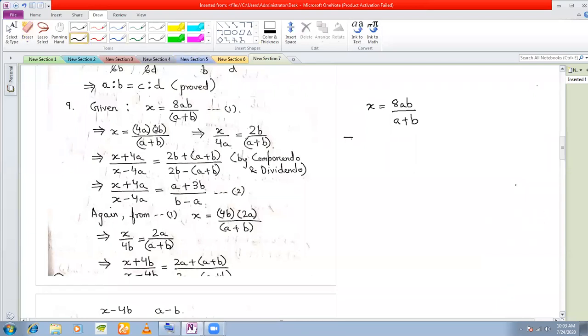Since I need a 4a below x, I break up this 8ab as 2b into 4a, divided by a plus b. Now I can write x by 4a is equal to 2b by a plus b.